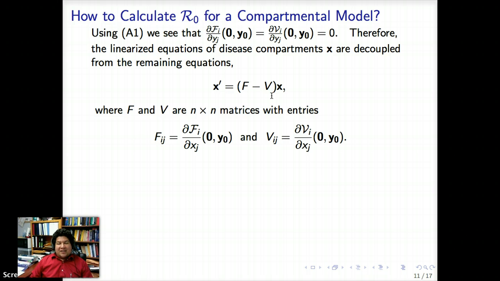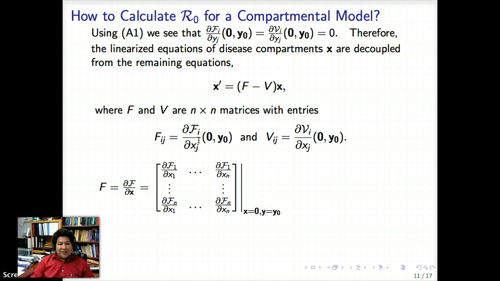These matrices, we're subtracting them, so their dimensions have to match. So F and V are square matrices, they have n rows and columns, where n is the number of disease compartments. And the entries of these matrices are computed almost the way you would compute Jacobians. In fact, you should think of these matrices as Jacobians. Jacobians are those operators that involve partial derivatives with respect to all your state variables, right?